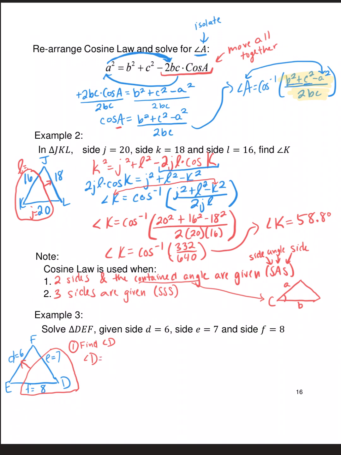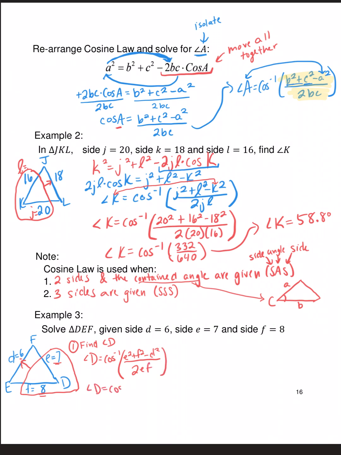So if I wanted angle D, I would have to take the cos inverse of, inside my brackets, my other two side lengths, E and F. So E squared plus F squared minus side length D squared, all of that over 2 times EF.